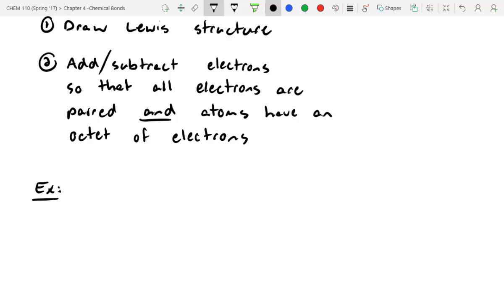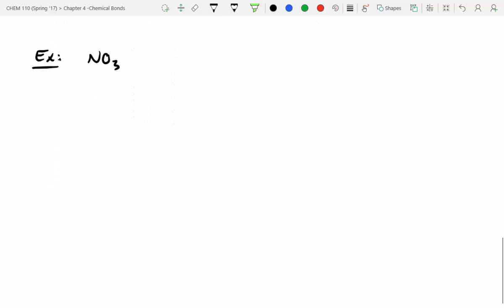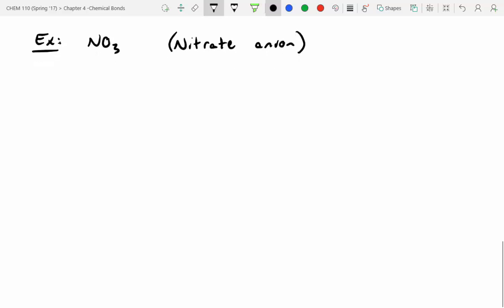We'll do NO3, and without checking in your book, let's try to draw the Lewis structure and then add and subtract electrons as needed so that all electrons have a partner electron and each atom has an octet. And this is our nitrate anion. So nitrogen in this case will be the center.